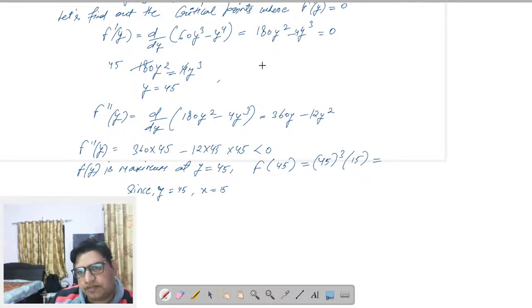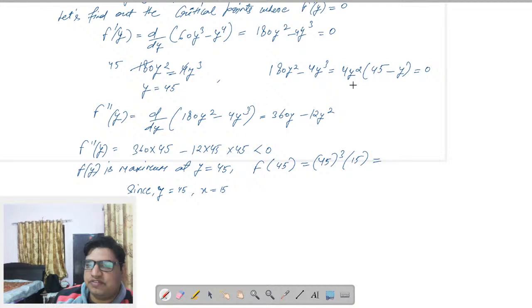And from here, if you like, write it this way: 180y square minus 4y cube is equal to 0. We can take 4y square out, so 4y square into 45 minus y is equal to 0.